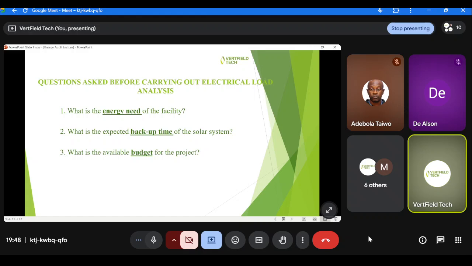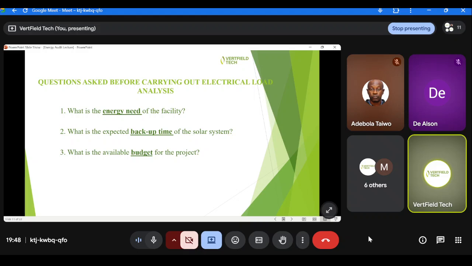So, questions asked before carrying out electrical load analysis. At this point in time, it is worthy to inform each and every one of us that before you can carry out any form of electrical load analysis on any facility, there are certain questions you need to ask.